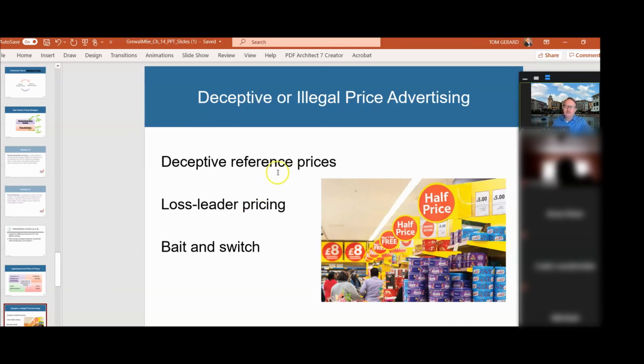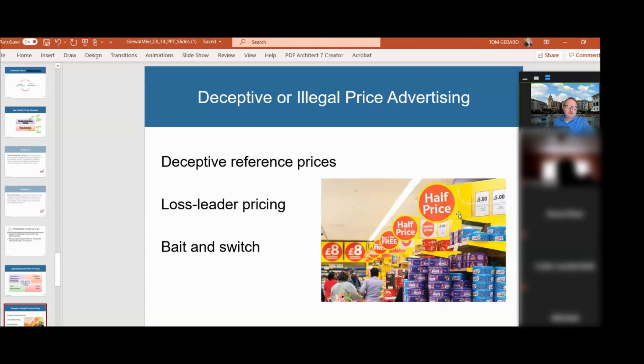So, deceptive reference price. This is where you see the big sign, half price. Let's go back to my Oreos example. Say the average price of Oreos is $3, and the company has a big sign that says half price, and you go in and it's $2.50, and you think, well, it's normally only $3.